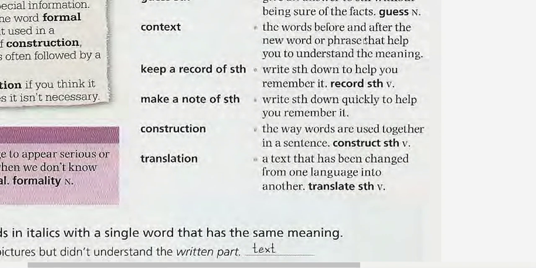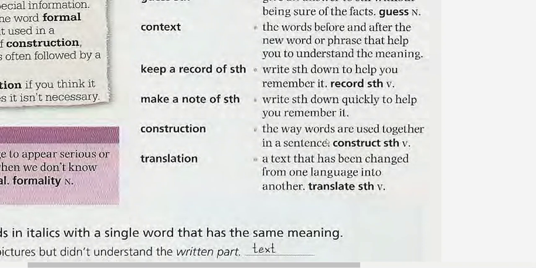Context: the words before and after the new word or phrase that help you understand the meaning. Keep a record of something: write something down to help you remember it. Record something, verb: make a note of something. Write something down quickly to help you remember it.